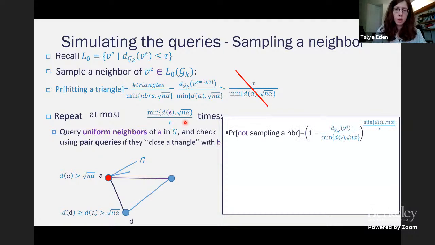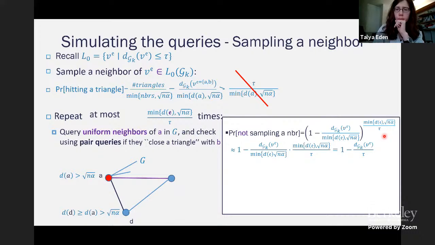So let's see why. What is the probability that we repeat these many times and we do not sample a neighbor? In each single attempt of sampling a neighbor and checking if it forms a triangle, this is the success probability. It's the triangle degree of this node over this minimum value, right? So the probability we do not sample a neighbor in a single attempt is 1 minus this term. And the probability we do not sample a neighbor in these many attempts is just this expression raised to the power of the number of attempts.